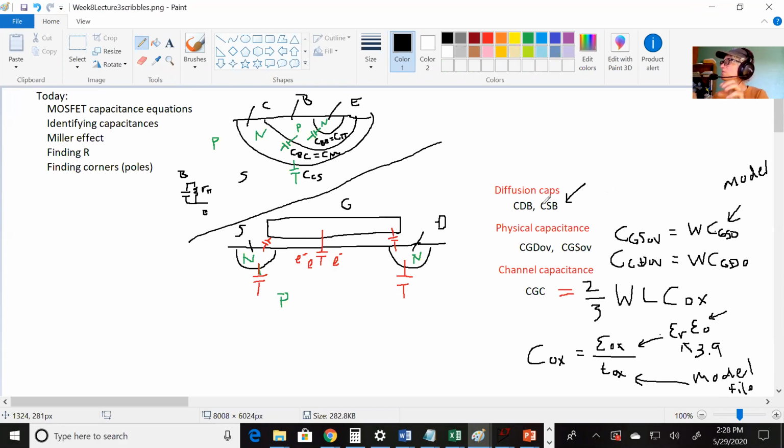So there'll be two values in the model file that are different, one for the source and one for the drain, but the equation's still the same. If the device is symmetric, then your drain bulk will equal your source bulk. And that equals 2. The two things. If you look at the source or the drain, they're kind of shaped like a box.